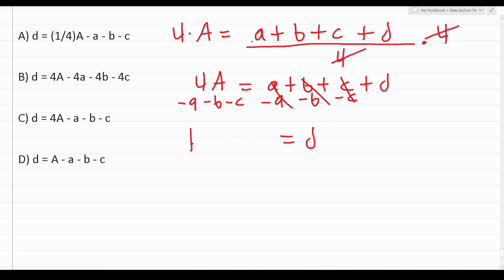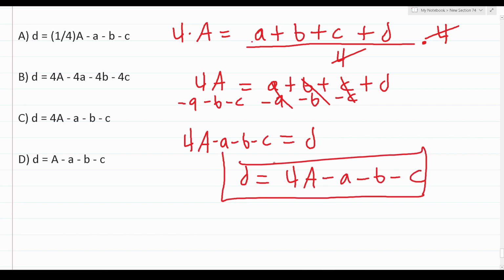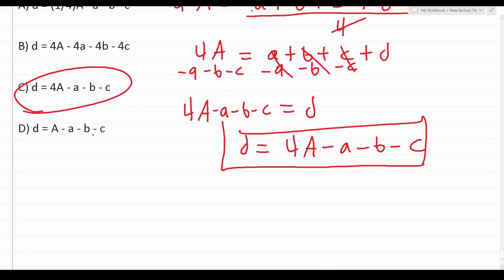And this becomes 4a minus b minus c. And in math, it's customary to write the variable for which you solved on the left. So this is d equals 4a minus b minus c. All right, and we can see that that is answer choice C in this case. And that is that one.